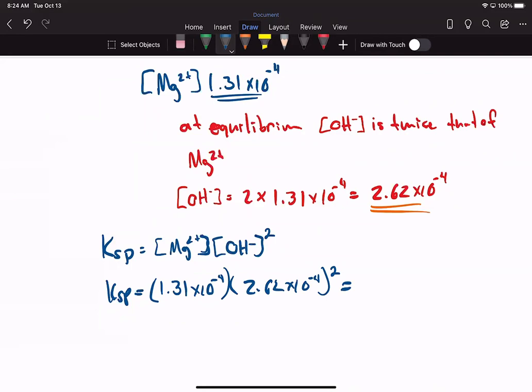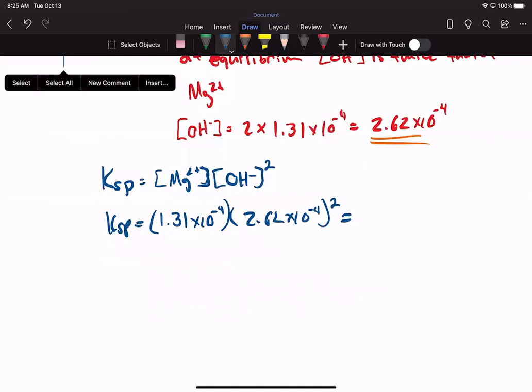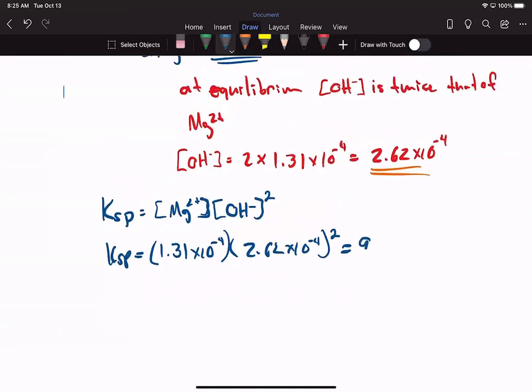Someone go ahead and calculate that for me. 9.00, so we have 9.00 times 10 to the minus 12. And that is our solubility product, right?